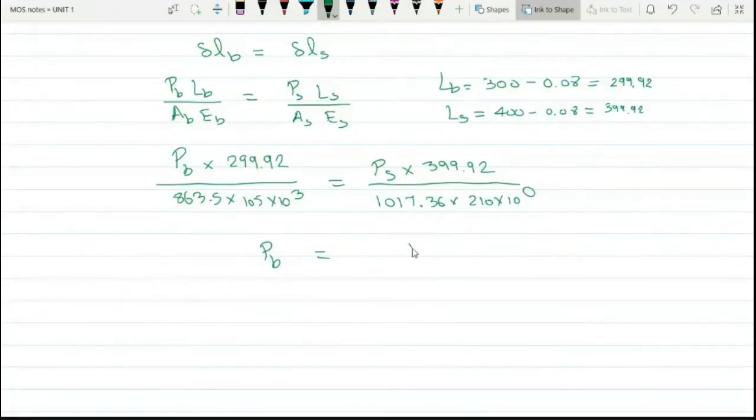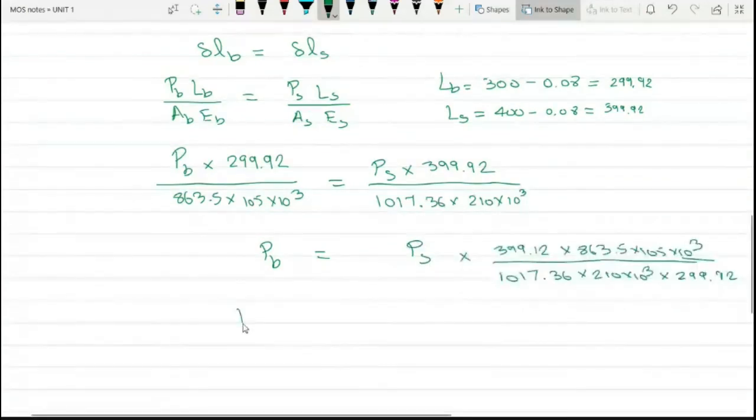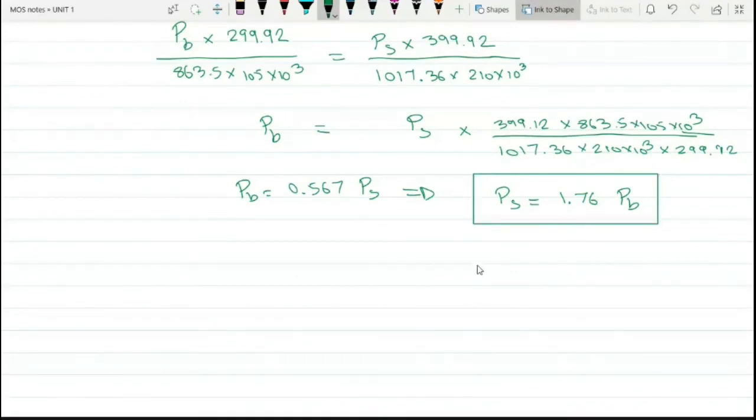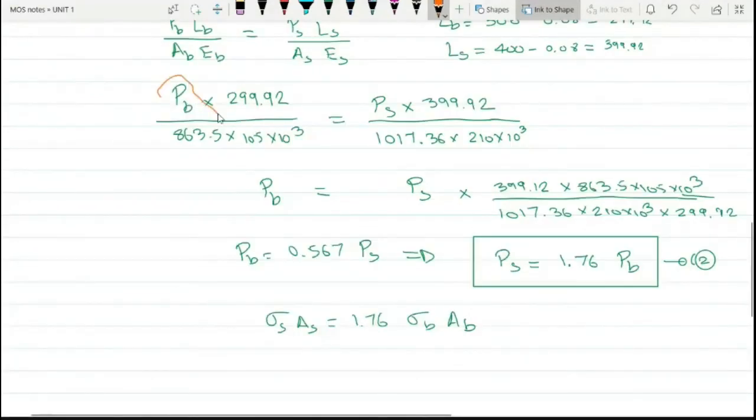PB is equal to PS. How much value will it be? PB is 0.567 PS. So what is PS in terms of PB? It will be 1.76. So this is my value. This thing I should have considered as sigma B. Similarly, this I should have considered as sigma S.